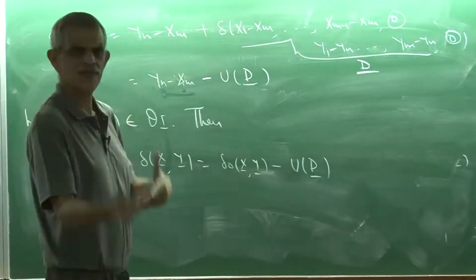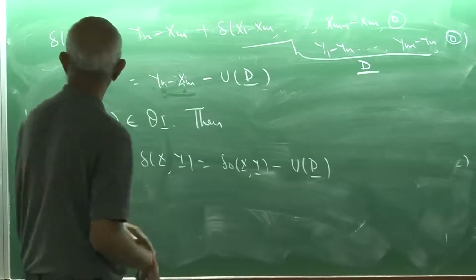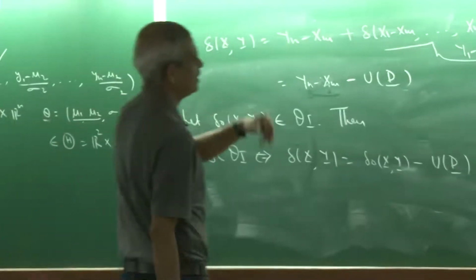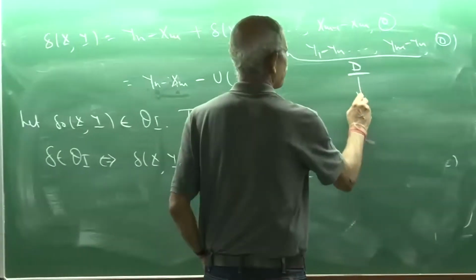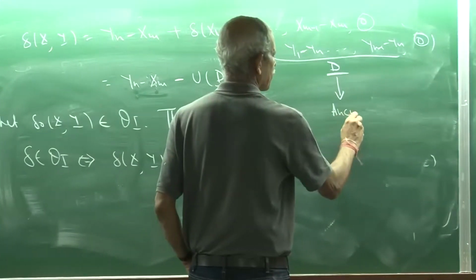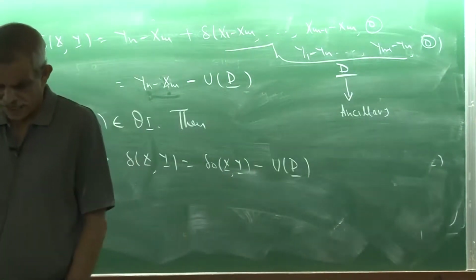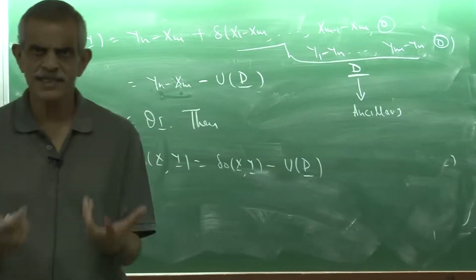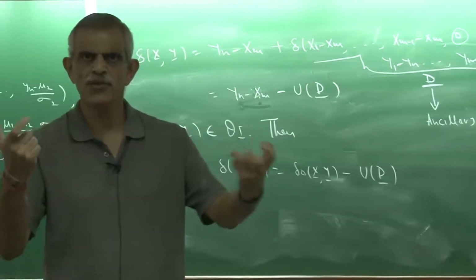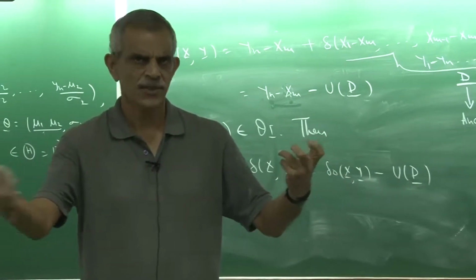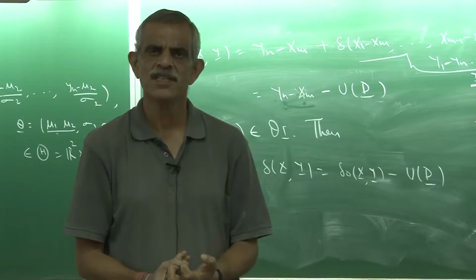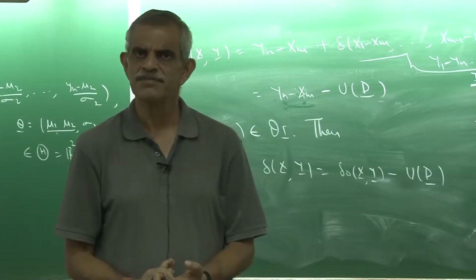Now, the way we did in the last problem, you can see that this d is ancillary. Here also, by the same argument, if you take two points mu1, mu2 and theta 1, theta 2, you can relate them through g bar of c1 and c2.